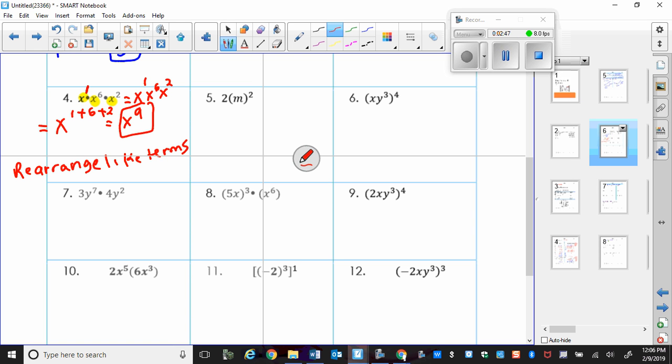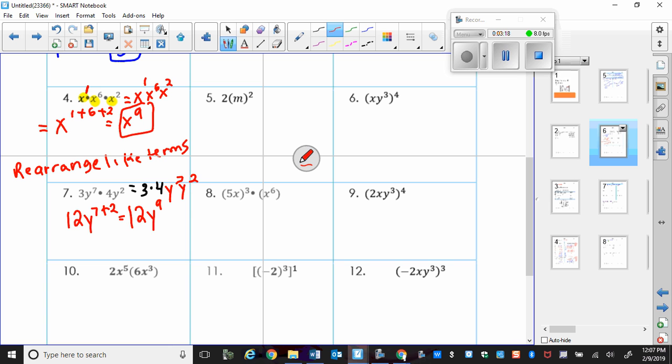So if I want to see it in action, it's going to be like saying 3 times 4, and then y to the 7th, y squared. So 3 times 4 is 12. Y to the 7th plus 2, we still do the step we need to do, equals 12y to the 9th.